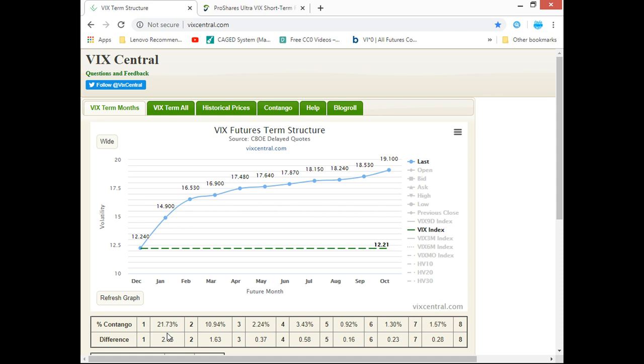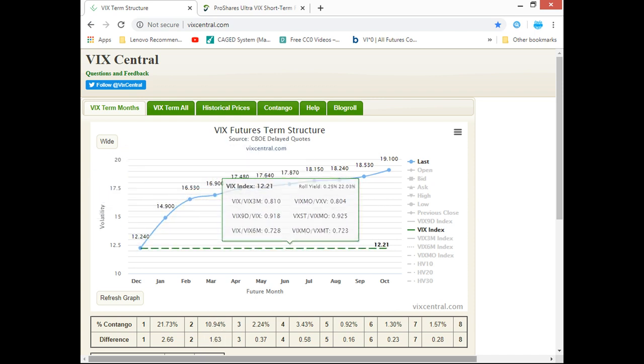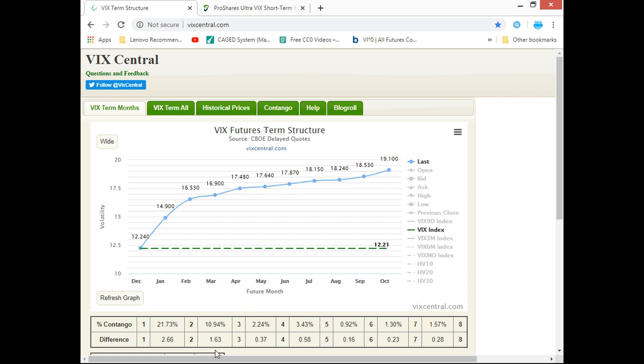So during expiration week, everybody is going to be looking at the second relationship here between the M2 and M3 future, or between the Jan and Feb future in this case, which is the second month contango, which is right around 11% today. And that's a pretty high number coming into expiration.